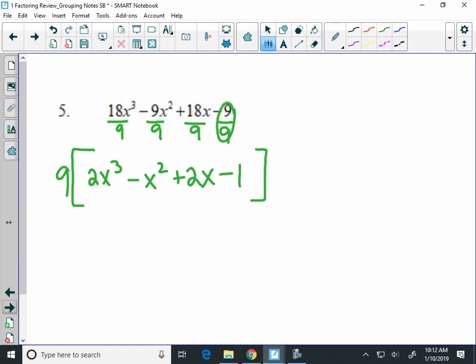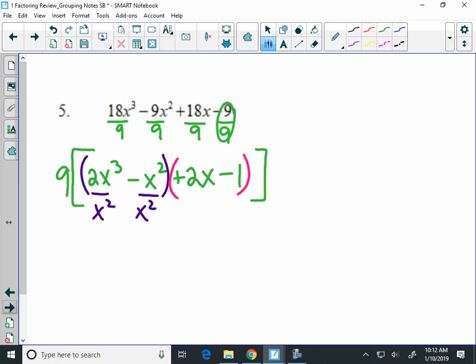Now, that 9 GCF needs to stay in front. But otherwise, we're going to jump into the method of grouping. So I'm going to keep that 9 hanging out, but otherwise I'm just going to group the rest of the way like normal. So I look for a GCF of this first set. There's no number here, but I can pull an x squared out of both.